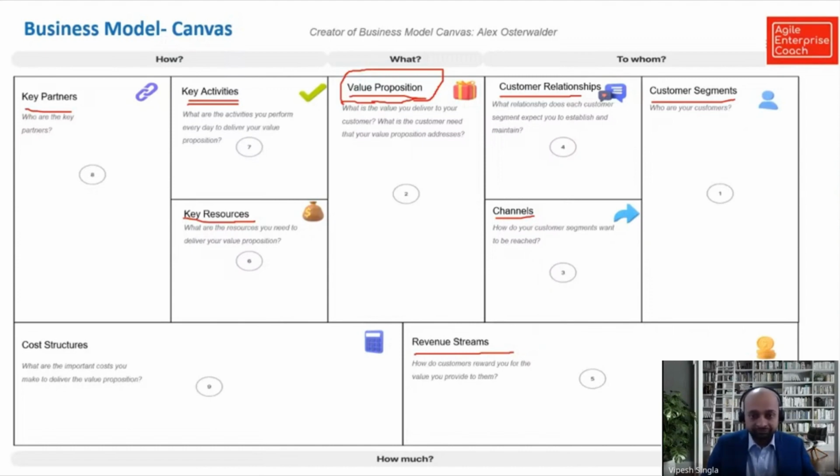Then key partnerships. Key partnership is what the company cannot do, so it can focus on key activities. These are the things which you can outsource or which can be done by other partners. For those activities you find key partners and capture them here.